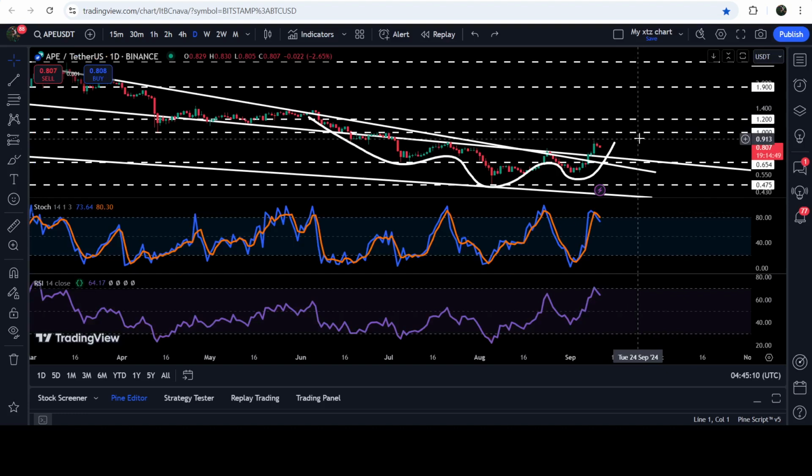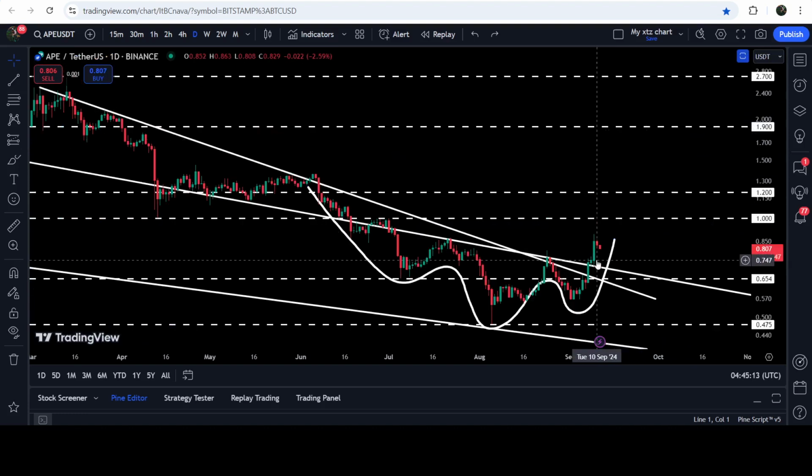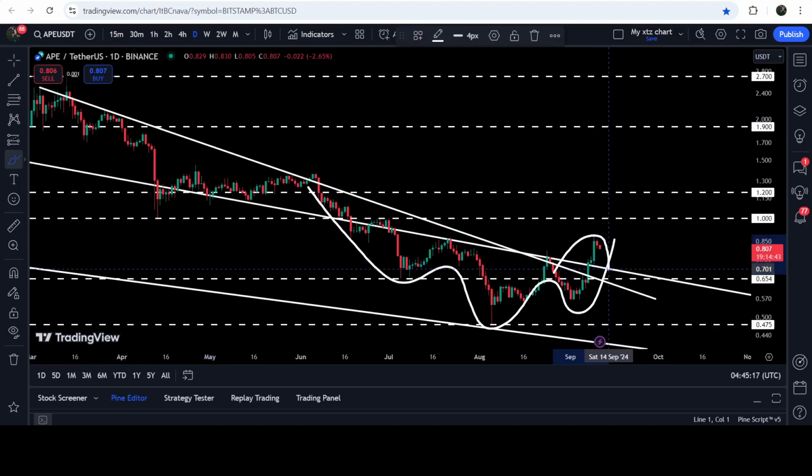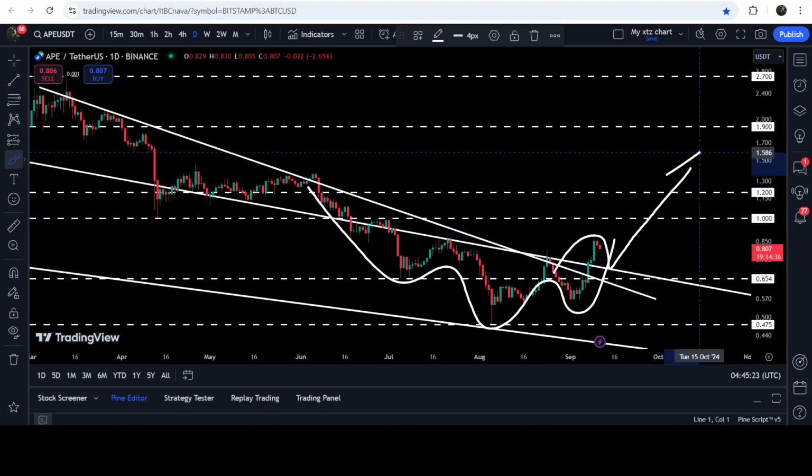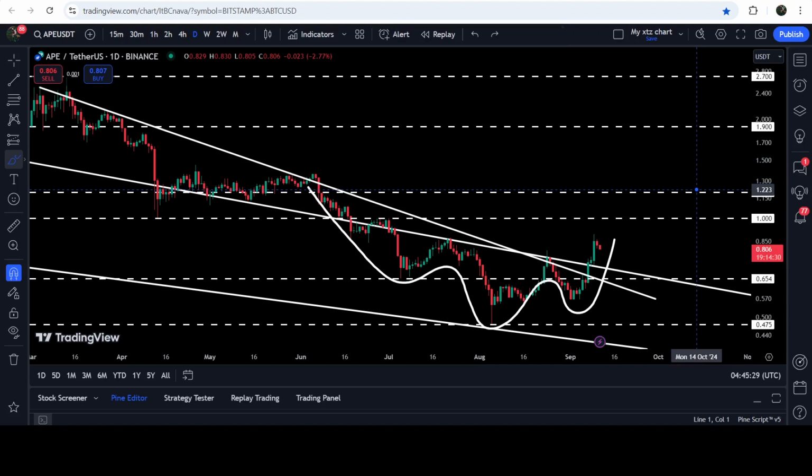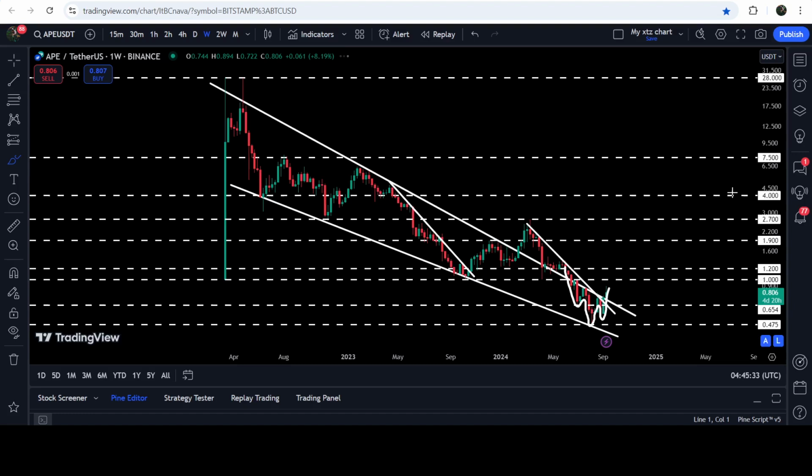Therefore, there is still a probability that before the next move to the upside, the price may retest the previous resistance, or neckline of this inverse head and shoulder pattern, as a support, and then after retesting this support, the price may gear up to hit the target of this inverse head and shoulder pattern and the target for the breakout from this very big falling wedge pattern as well.